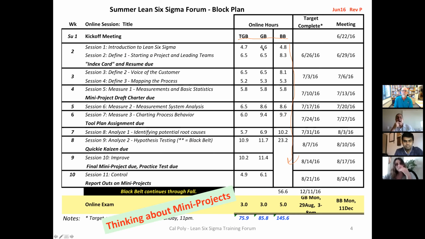The green belts had 4.6 hours, and the black belts had 4.8. And you had to answer the quiz by last Sunday. This week you're moving on, and these are the number of hours you need to knock out to complete this week's assignment. We're going to complete through session 4 by next Wednesday. You ought to be thinking about your mini projects. I've got an exercise to go through to make that happen, but it looks like we're all set.